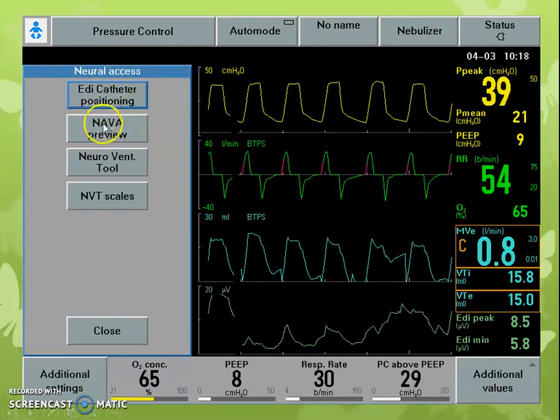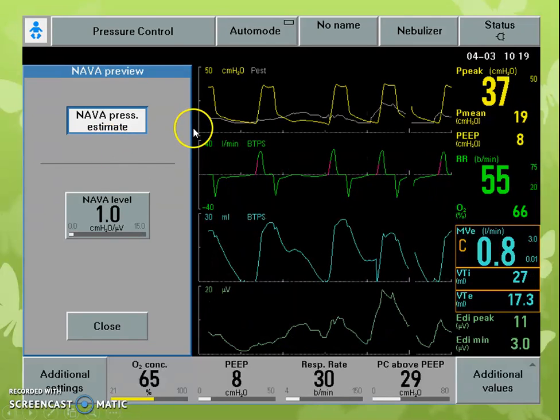Now we go back to this screen right here. Earlier we used the EDI catheter, so now we know our catheter is in place. So now we're going to go back to NAVA preview to estimate what NAVA level we want to put on the patient. For the transition of the patient from pressure control or any other mode to NAVA, we make sure it's a smooth transition, so we pick the NAVA level.